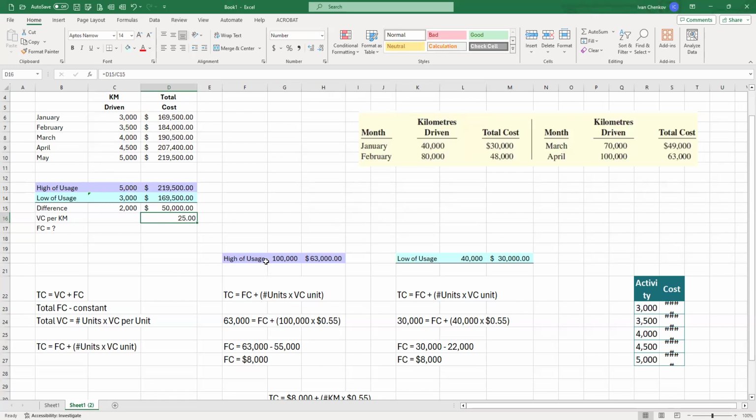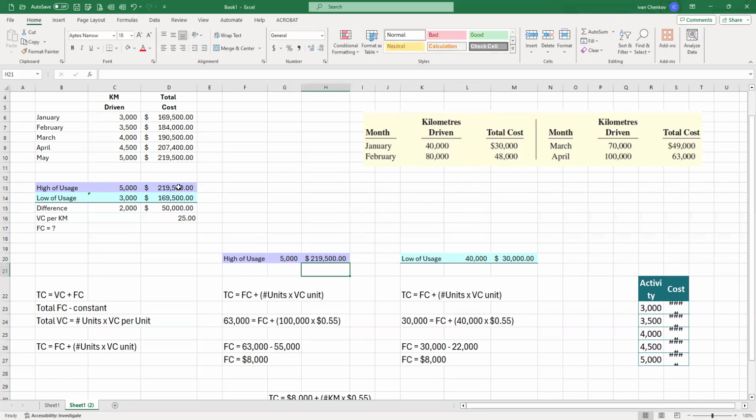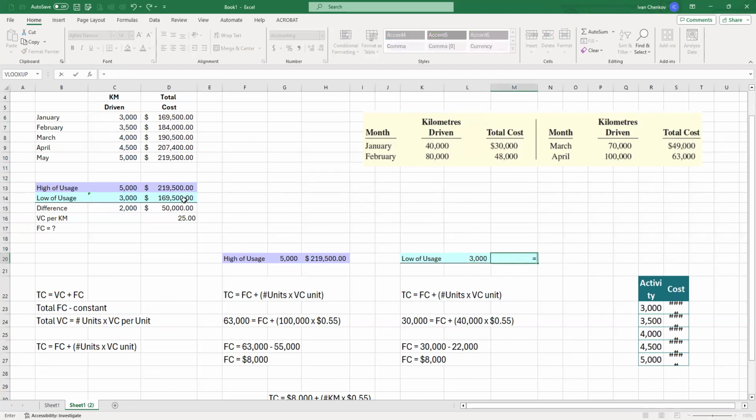Once we get that $25, I just have to plug those numbers. The total usage here is 5,000 and the total usage here is 219,500. And the lower point is 3,000 versus 169,500. And change the formulas here.